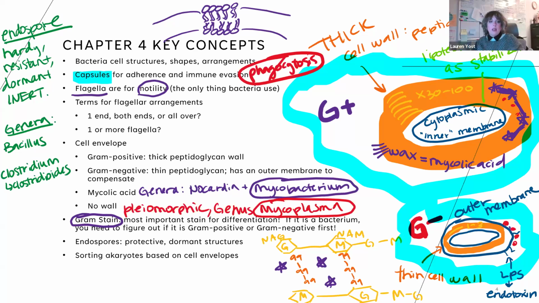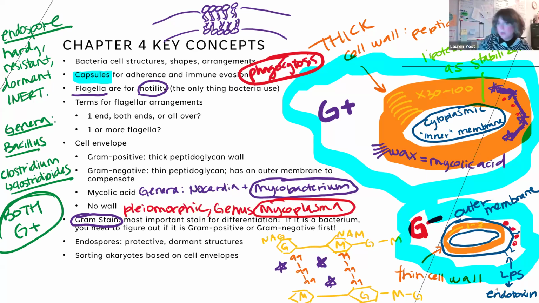If their name is Clostrid or has Bacillus in it, then they are endospore formers. These are the only ones. Both of them, importantly, are gram positive. So if you are an endospore former, you are gram positive. So that's something we know about you immediately.